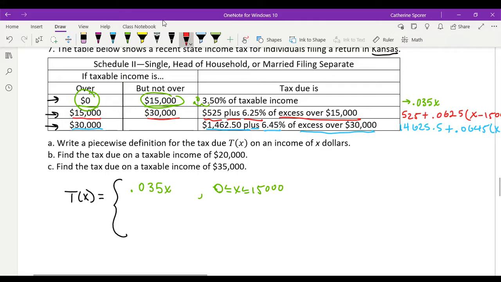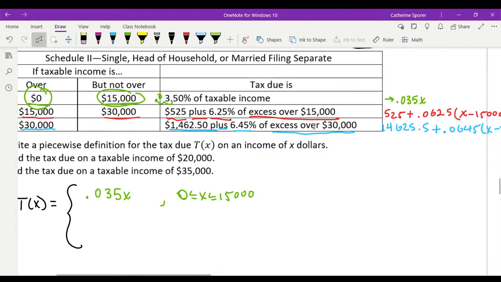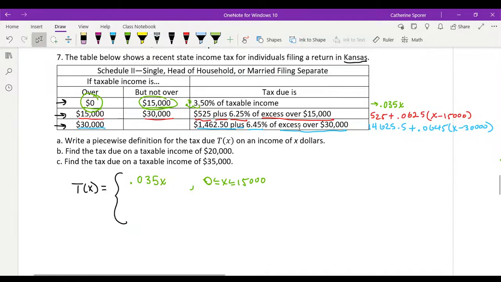And then second, the tax is defined by this red equation if it's between 15,000 and 30,000 for the taxable income.